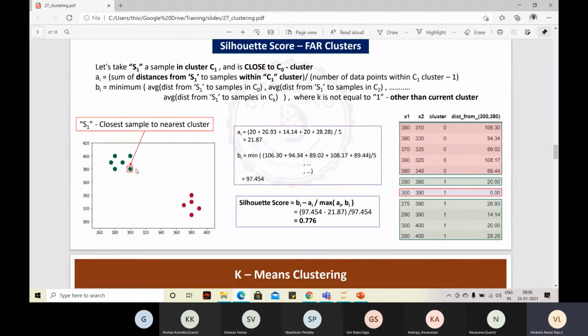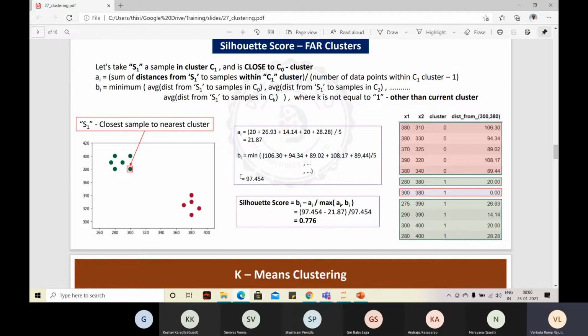So we have seen that. I took this data point, calculated distances, took the average, that is Ai. I took this data point and calculated the distances to all the points in the other cluster, and took the average of it. Why did I divide by 5? There are only 5 data points there.